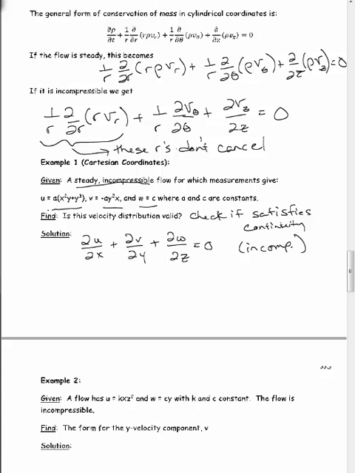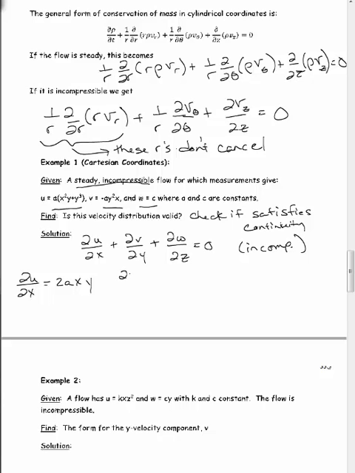When you do du/dx, remember, if you're doing a partial, just treat any other variable as if it's a constant. So we have an a x squared y term, so that's going to give you 2axy, because the a and the y are treated like constants. And then we have a plus a y cubed. Well, there's no x in that term, so that's like a constant, so the derivative of that would be 0.